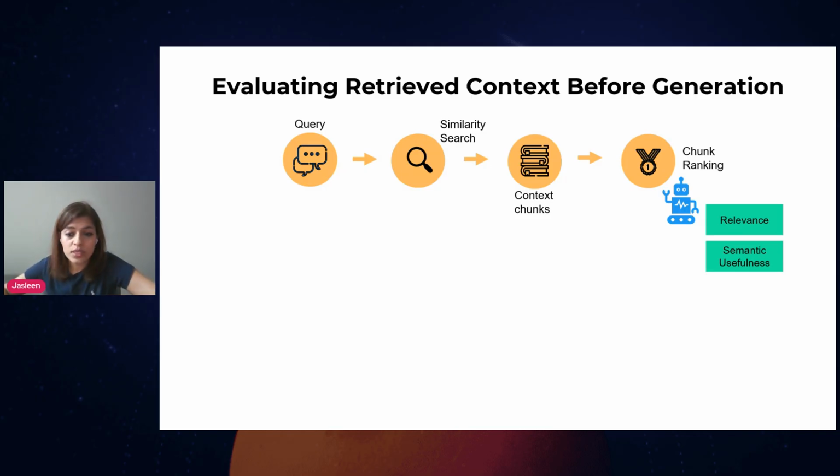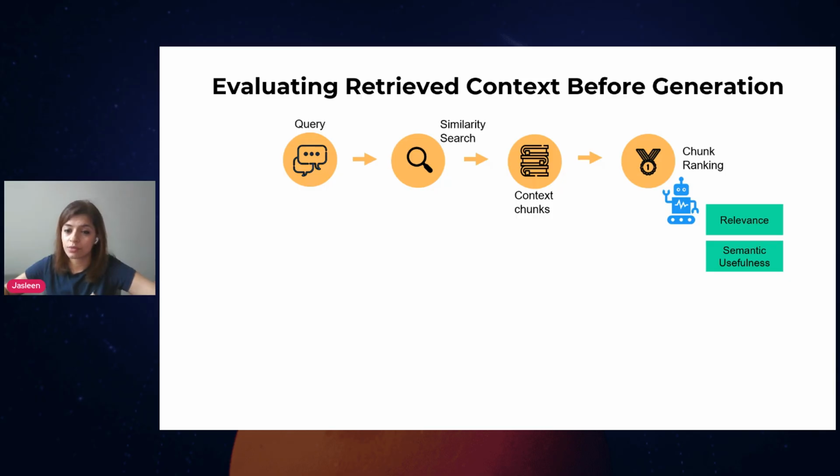Do they fit together cohesively, or are they disjointed, fragmented, or even contradictory? This evaluation takes us beyond surface level scoring. It moves us into semantic usefulness. It's not really about how close the chunks are in the embedding space, but how helpful they are for generating a trustworthy answer.